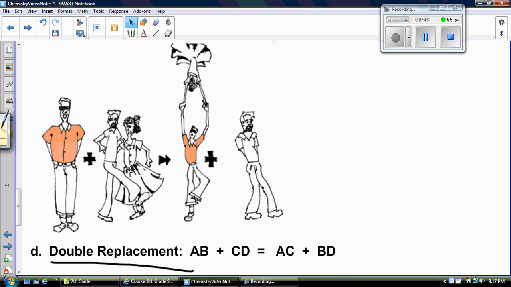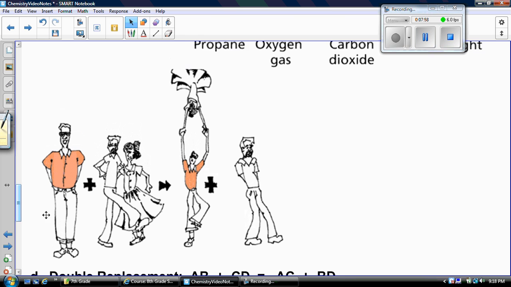We start out with a couple, they're a compound, they came to the dance together. Then we've got the stud element over here. He steals the girl, so they become a compound because he's obviously a better dancer. And then he's left all by himself. He's the element. So that would be A plus BC gives me AC plus B.